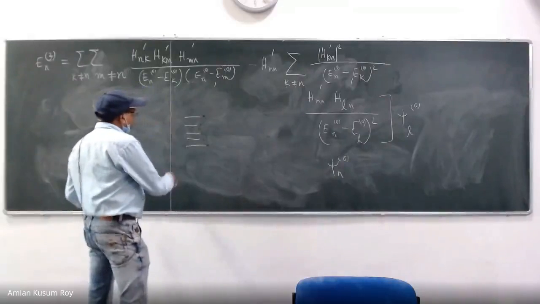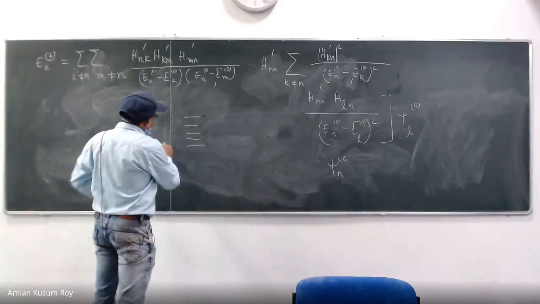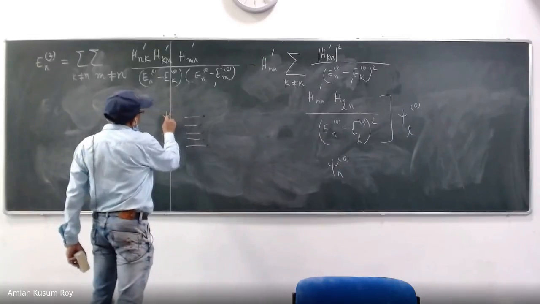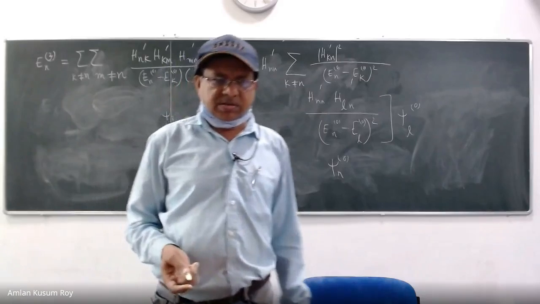You have the ground state. This is excited state 1, excited state 2. This is psi 0, psi 1, psi 2, psi 3, right? I can apply perturbation theory to any of these states.